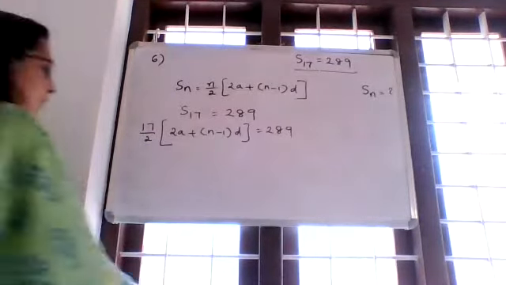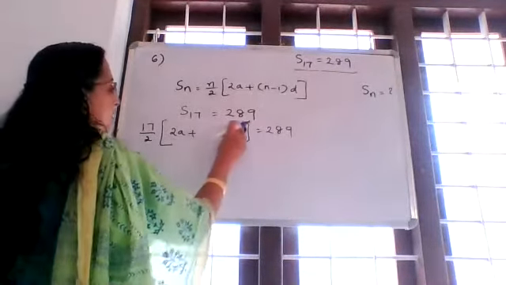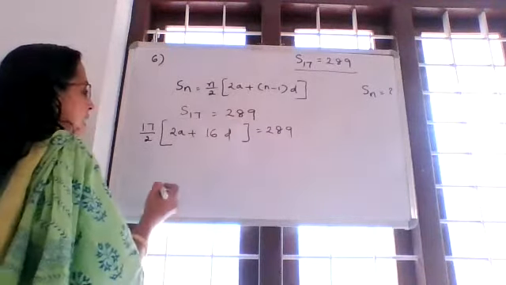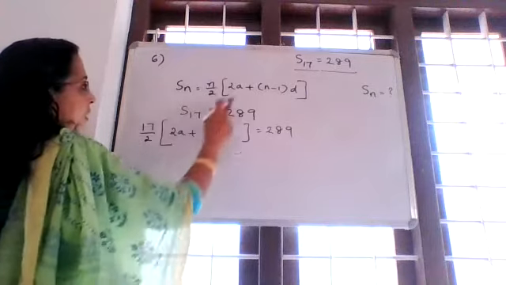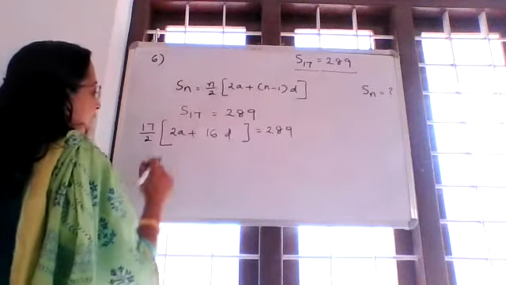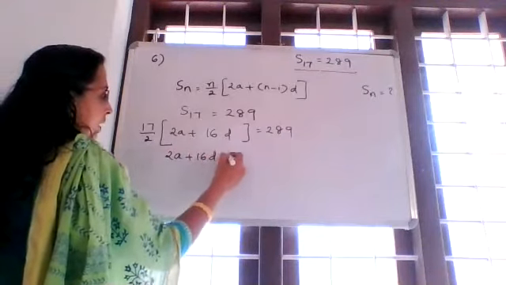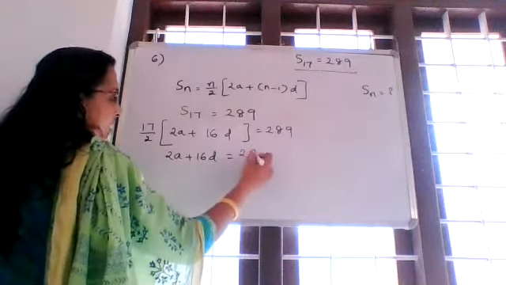Here n minus 1 is 17 minus 1, which is 16d. So 2a plus 16d is equal to 289.